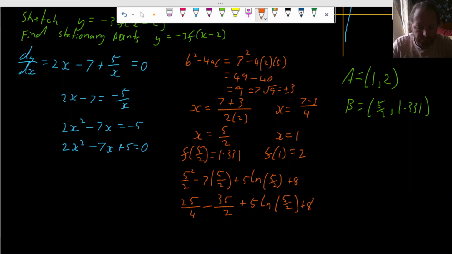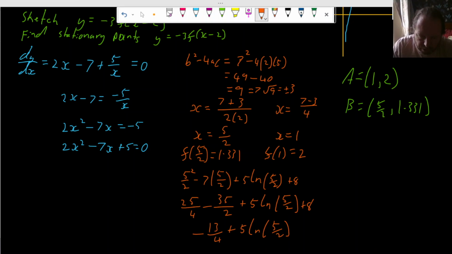If we take all of those bits in there, we should end up with something like minus 13 over 4 plus 5 ln 5 over 2.